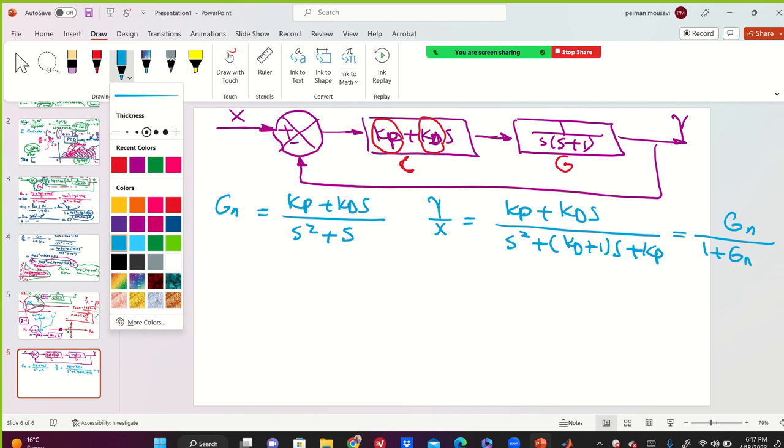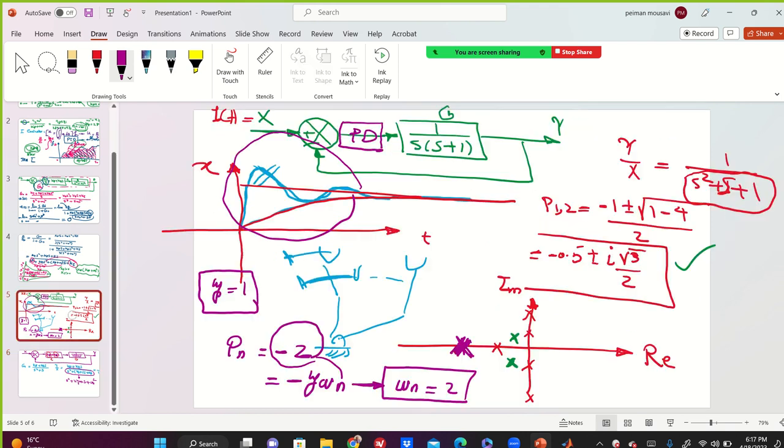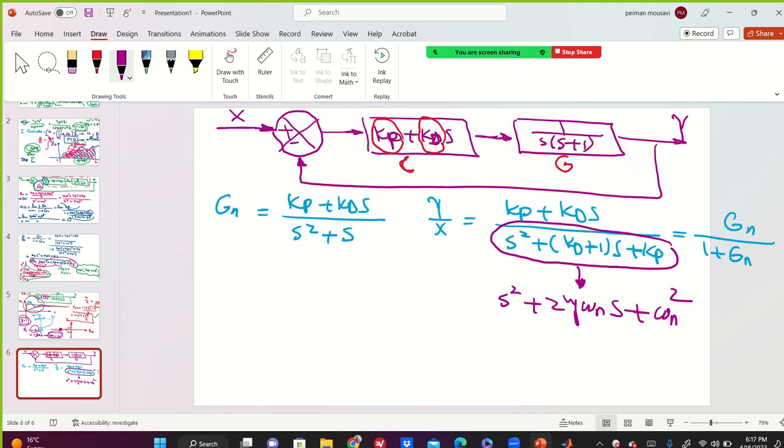So guys, what does this remind you of? s squared plus 2 zeta omega n s plus omega n squared. Yes or no? Based on the request of your boss, we already calculated omega n. Because your boss said to make it critically damped and remove the oscillation, we know that zeta is 1. So 2 multiplied by 2 is 4.